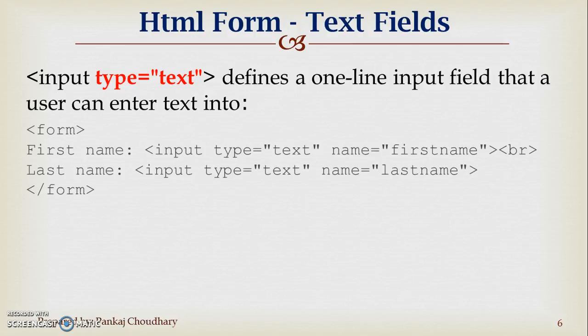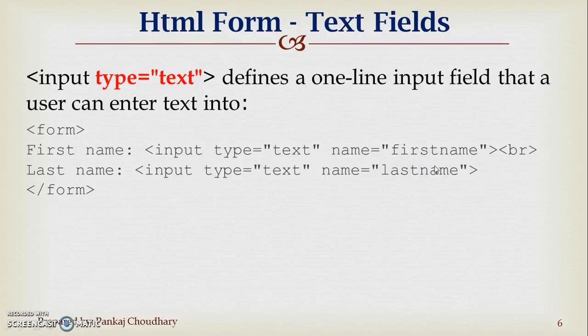Let's take an example. We have taken two fields, first name and last name, of type text. The first name field has the name first name, and the last name field has a name called last name.